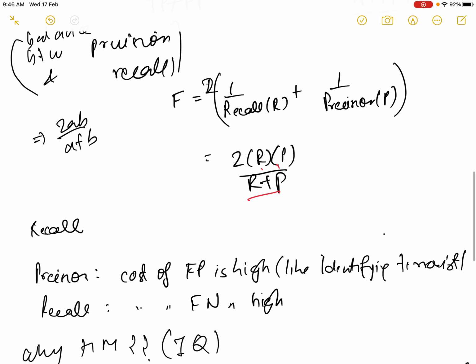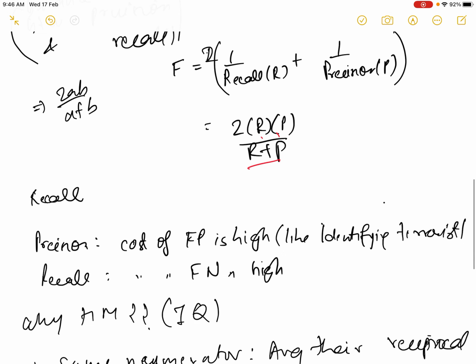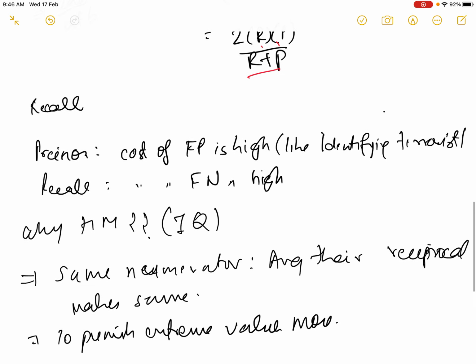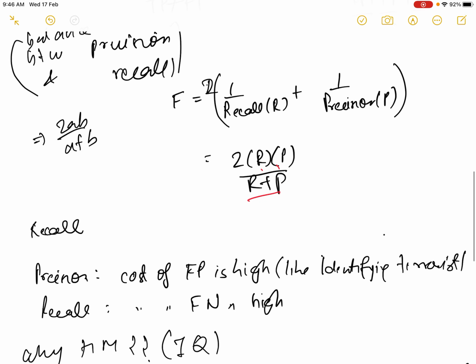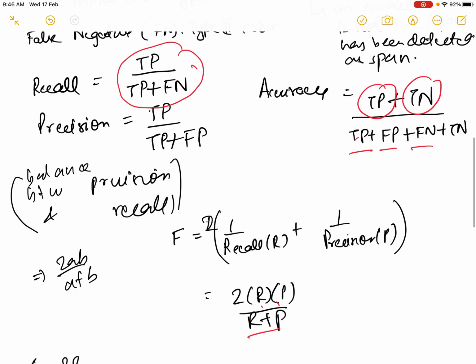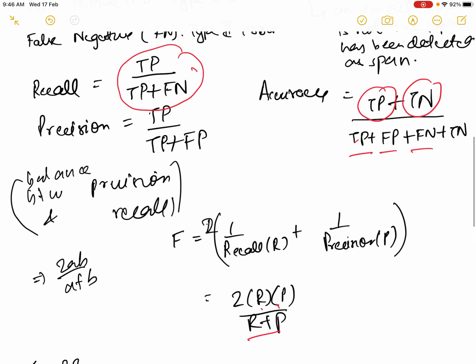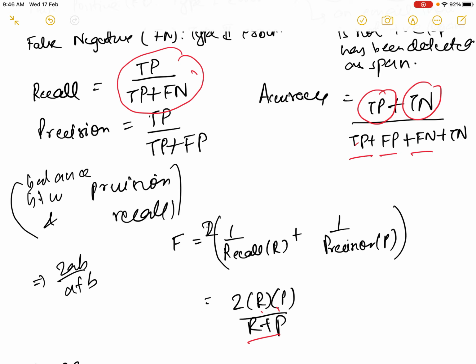Now one thing to understand is when to use what. Precision should be used when the cost of false positive is high, and I gave you an example of this with a spam detection problem.